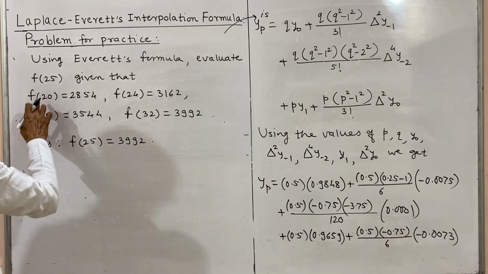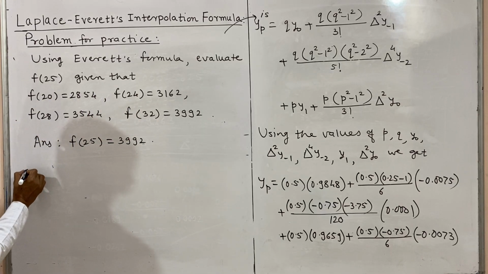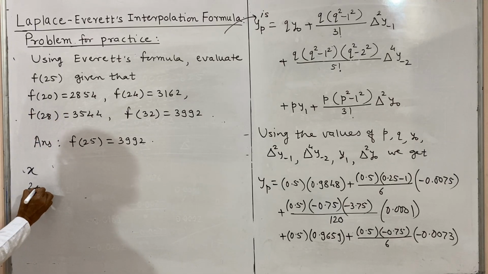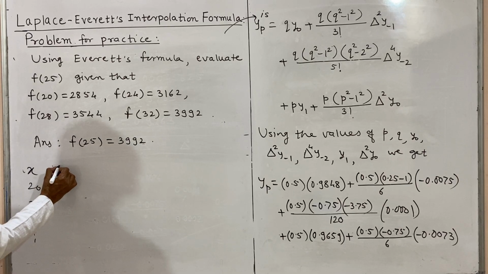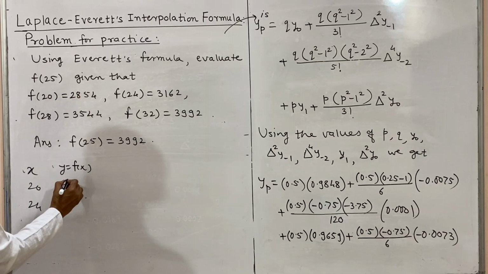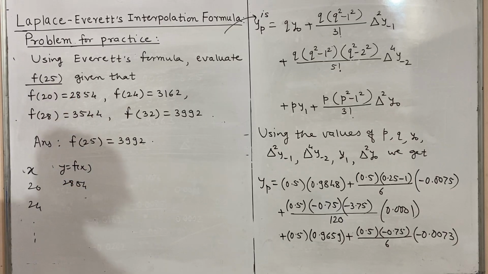So here these are the values of x, that is the arguments are x, and that are to be taken as 20, 24 etc. And y we should take f of x, and that is 2854. And the required value is at 25, and 25 is close to 24, so therefore take this as x naught.